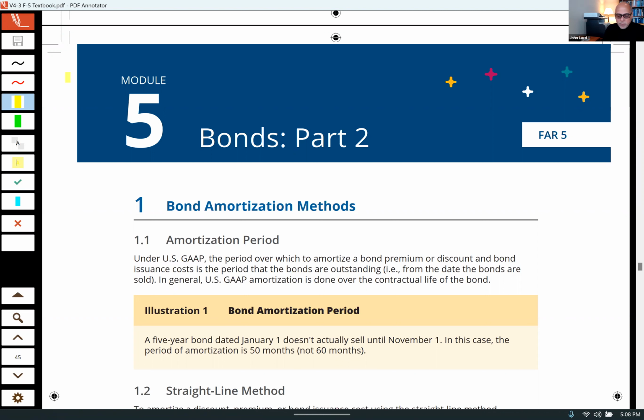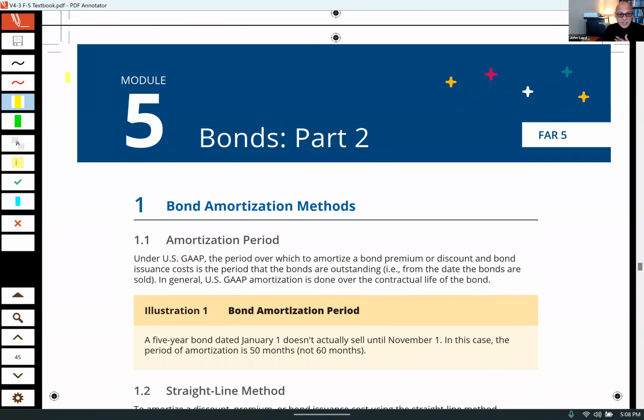So we're going to put a flashcard on how amortization of premium and discount affect those 2 elements, the interest expense for the period and the carrying value of the bond, and we're going to see that the straight line method is really very easy. And then we're going to be looking at the effective interest method.